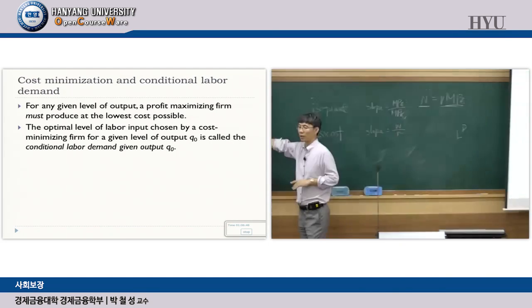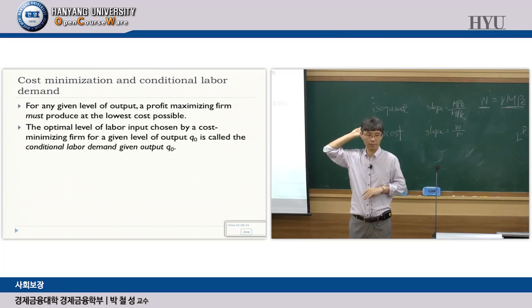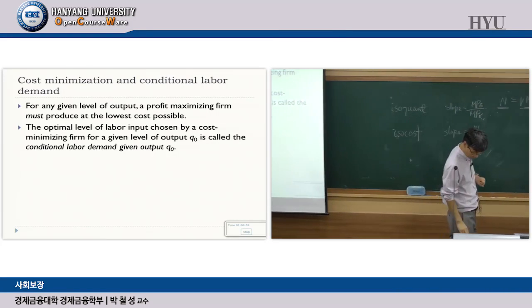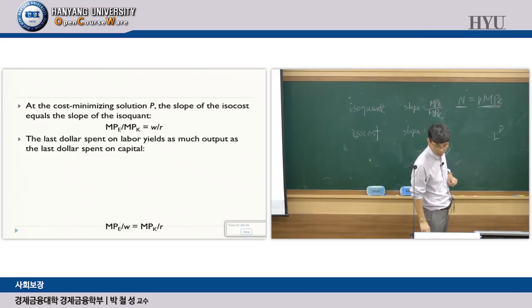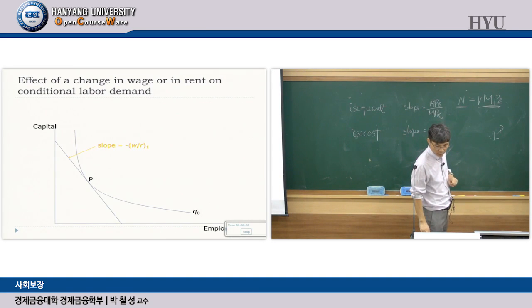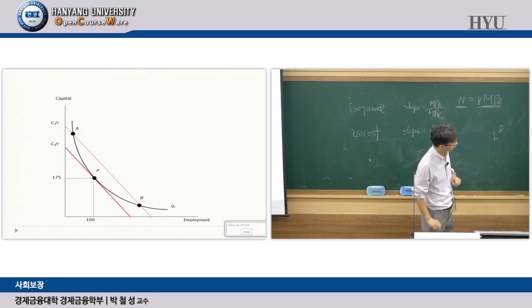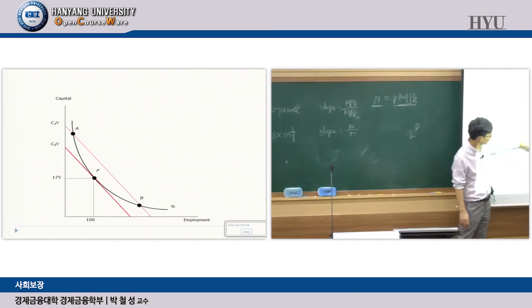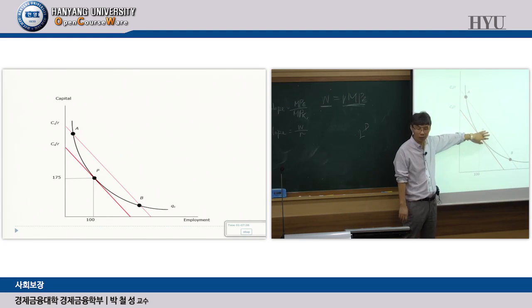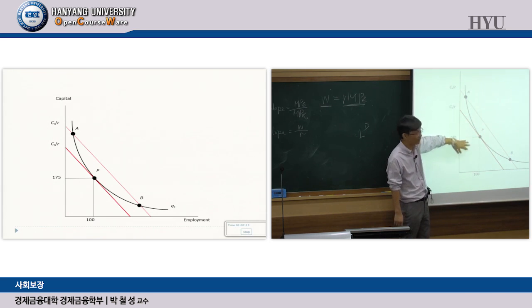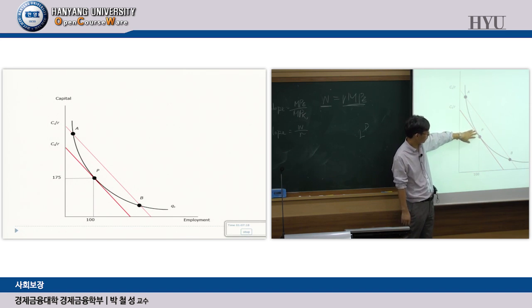In this particular case of the labor demand curve, what we are going to do is, if the order is Q0, then when the wage changes, keeping the order Q0 constant, we can figure out how the labor demand is going to change. We can say that when the wage goes down, they will use more labor and less capital. You will see later.